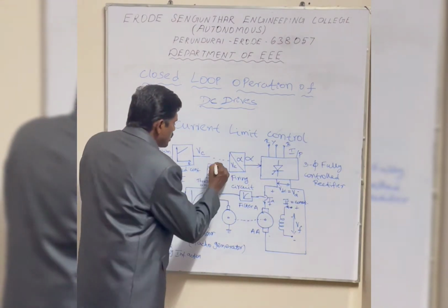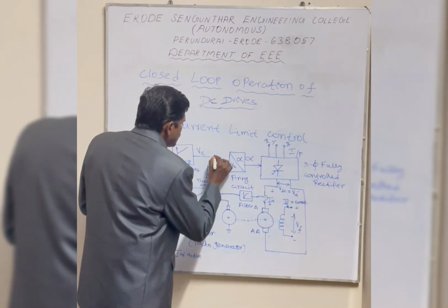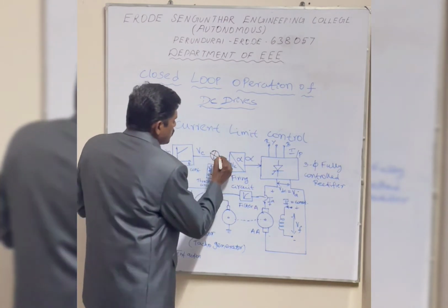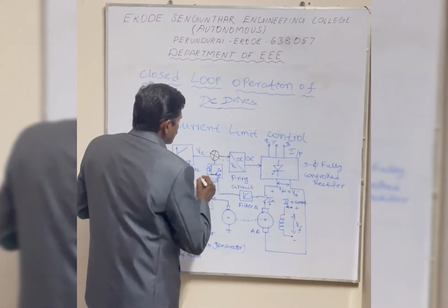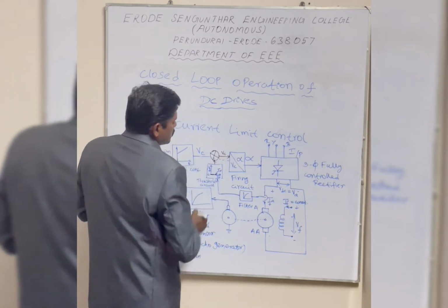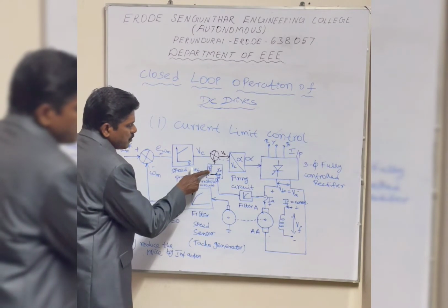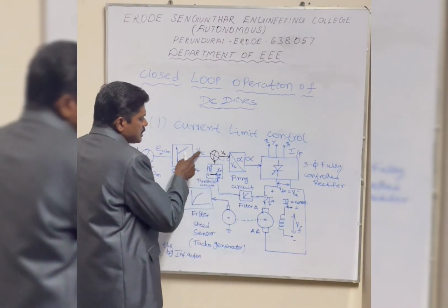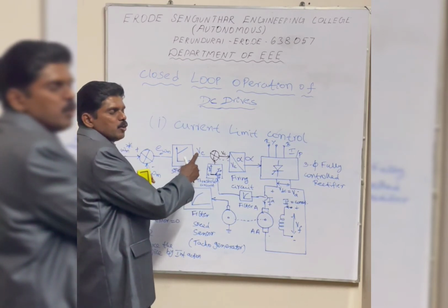Therefore, the output of this control signal is given here. Now this is VC. If this VC equals 0, then the current loop will not disturb the speed loop.